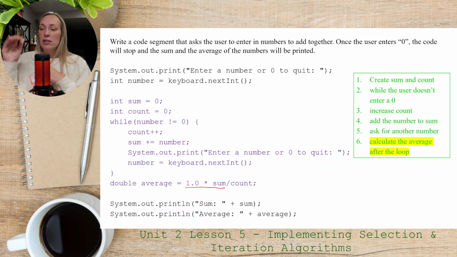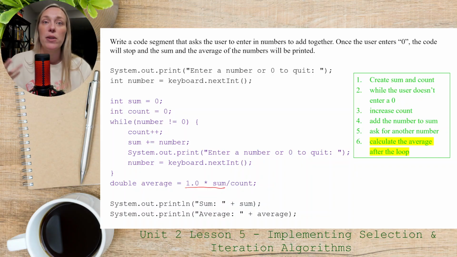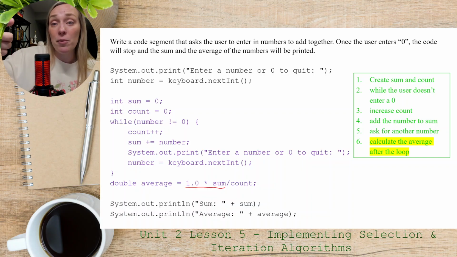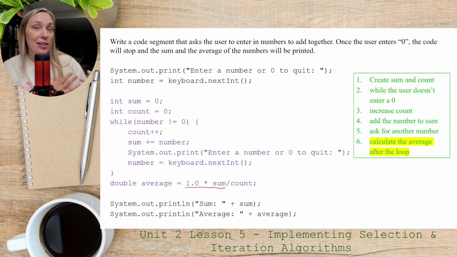Like if sum was this, or the number was this, what would happen? Go through an example with a number. Then write out the steps like we did, number 1 through 6. Try to write out the steps just in English, step by step, what am I going to do? And then once you have those, then you can start applying the code and testing the code and seeing if that works out, okay?